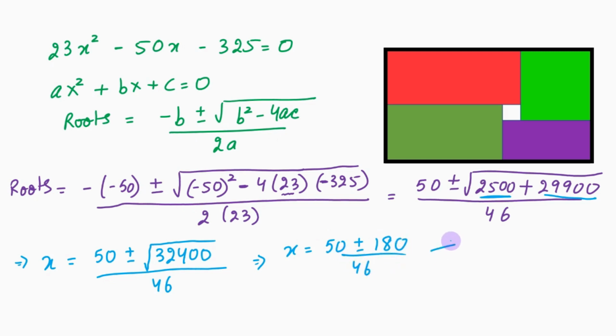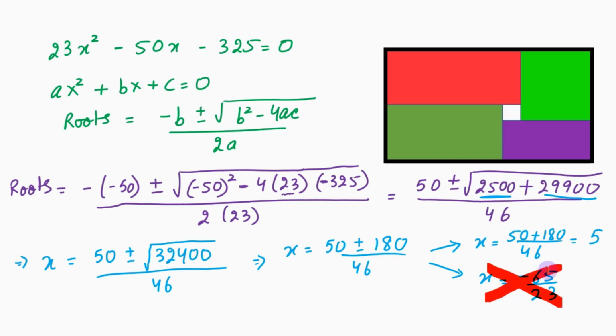So when you consider the two cases, you either get that x is equal to 50 plus 180 divided by 46, which will give us the value of 5, or x is equal to minus 65 divided by 23. Now obviously this is not possible, because you know that the length cannot be negative, and hence we get that the value of x is equal to 5.